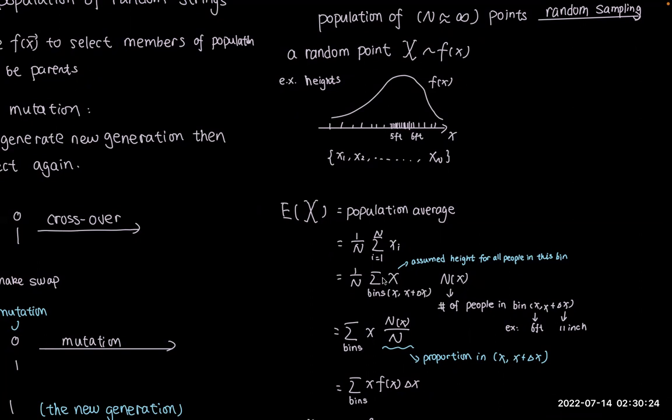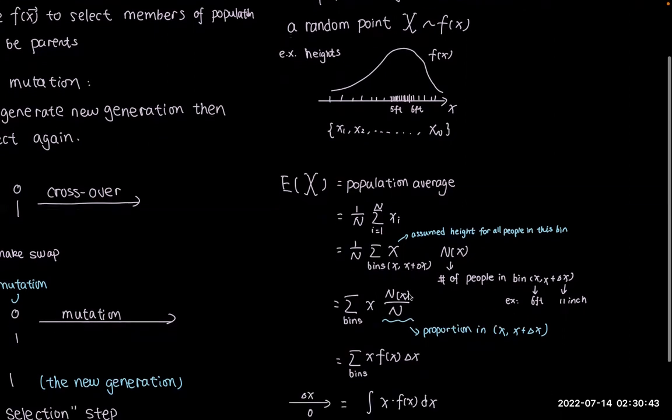Okay, so this is how we compute the sum, and we sum over all the bins, and we divide this by N. So this will be the summation over all those bins of x, and then we move this N inside. So n of x divided by N. So that will be the proportion of the points within this bin.